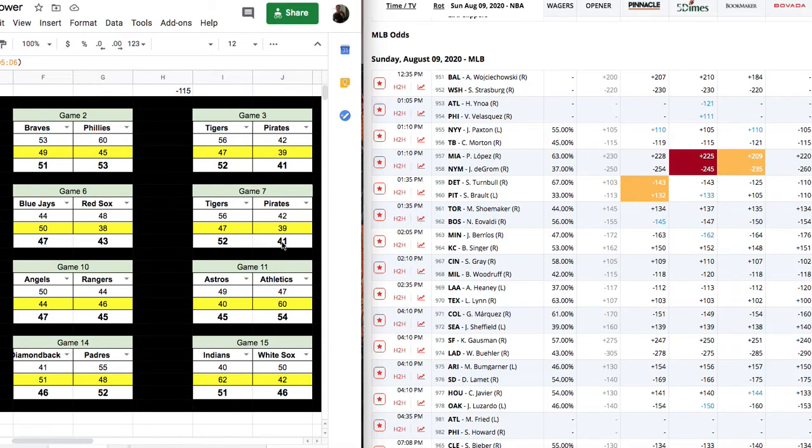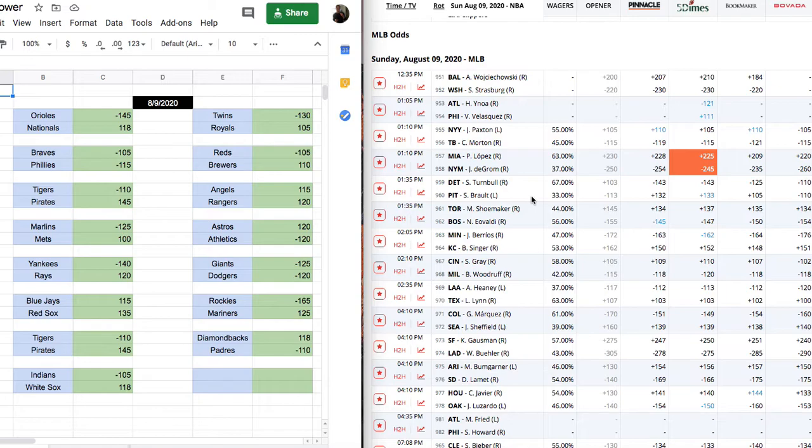So the Pirates only have a 41% chance of winning, and initially we could have paid minus 103 odds against the team that only had a 41% chance of winning. So probably would have written down Detroit had that line not moved. Okay, so let's go to the next one.